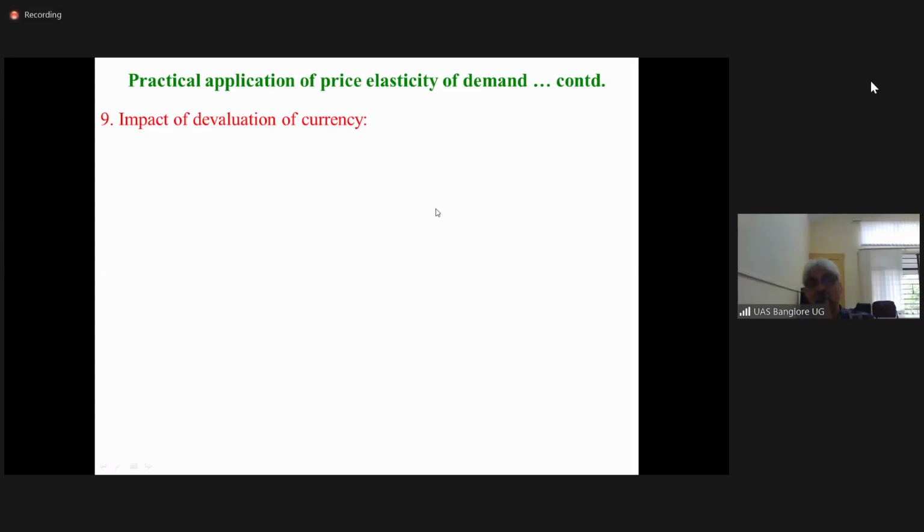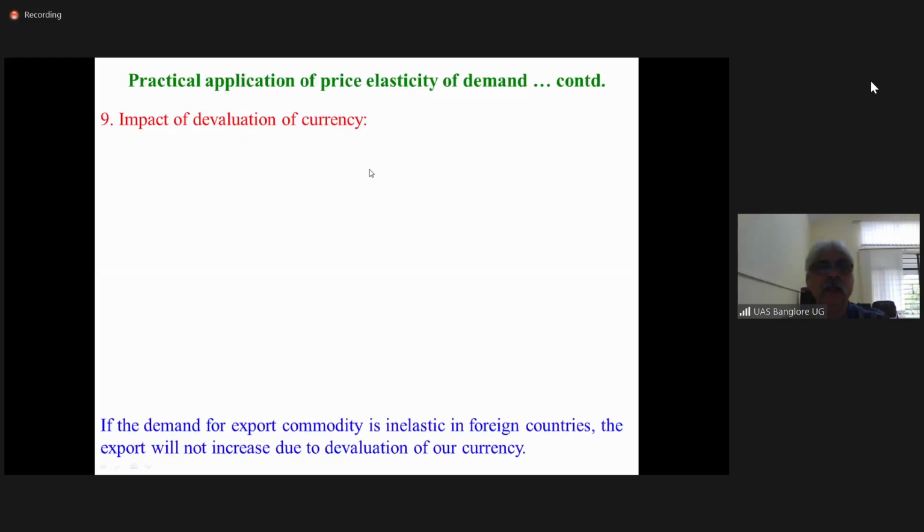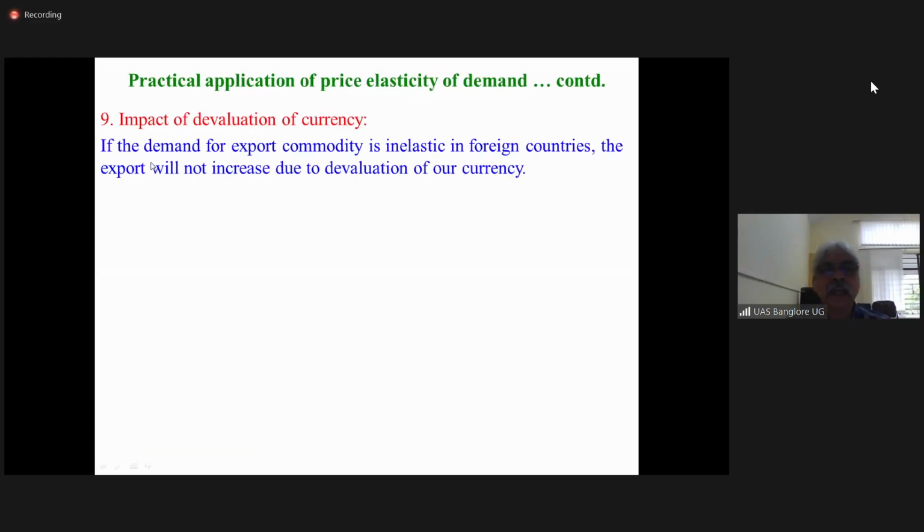So what is the impact of devaluation of currency? If the demand for the export commodity is inelastic in foreign countries, the export will not increase due to devaluation of currency. Whether it is 50 rupees, 60 rupees or 75 rupees, whatever the price, the American importer will import only 1.5 kgs of rice.